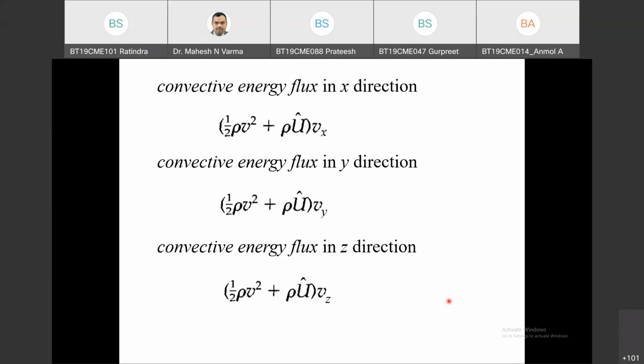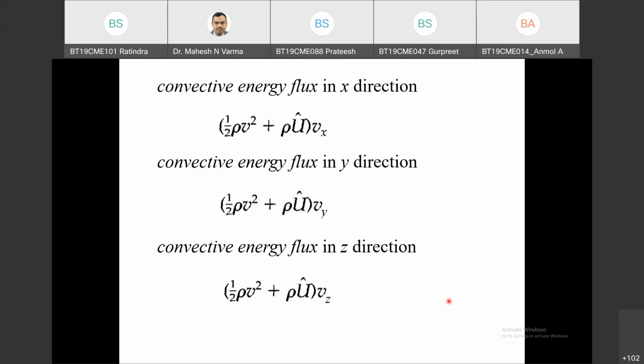So how do we get a flux from a rate? Divide by area. How do we get a rate from a flux? Multiply by area. If the rate is given and I need to get the flux, then divide by area. Okay.